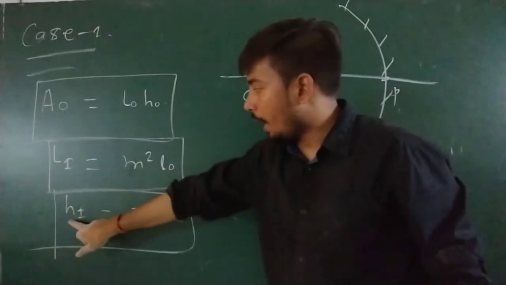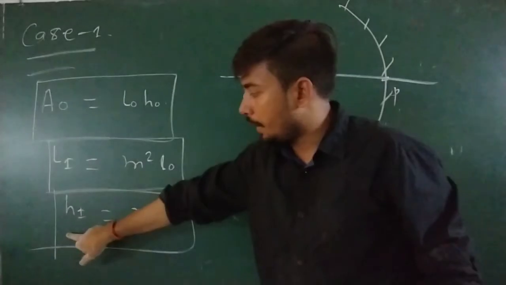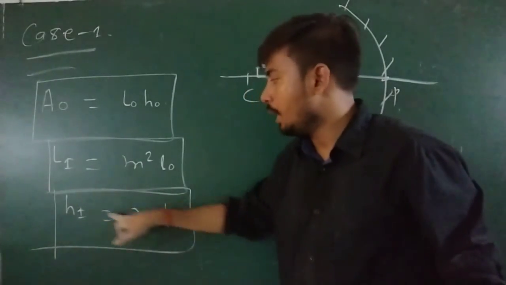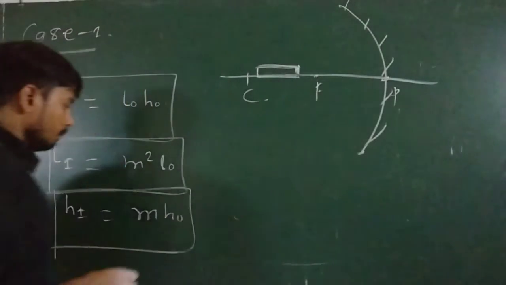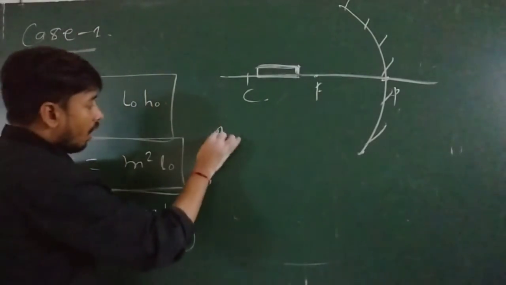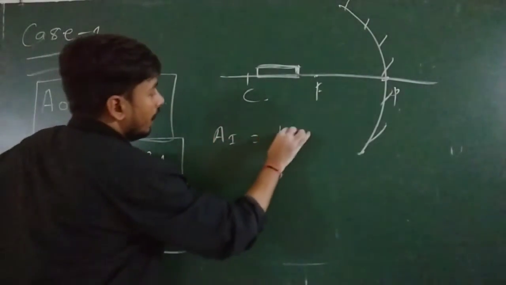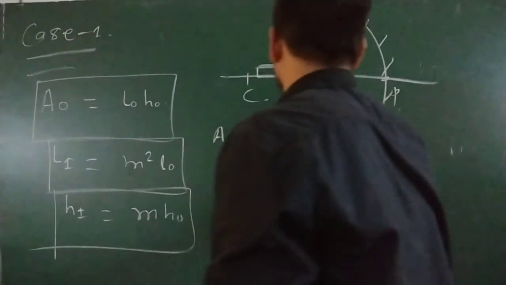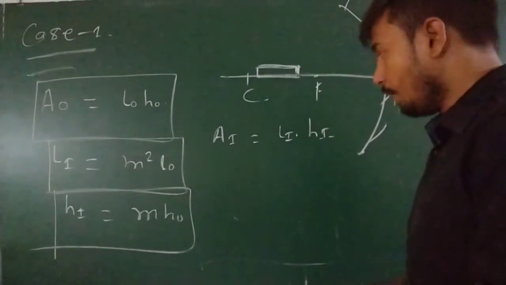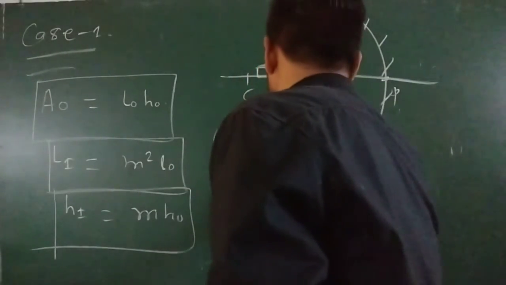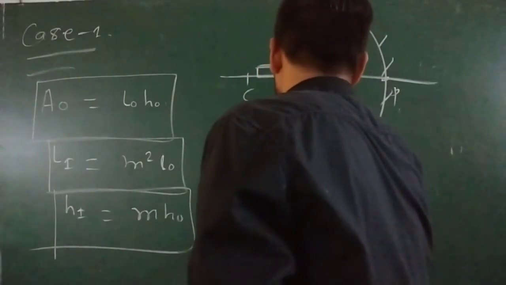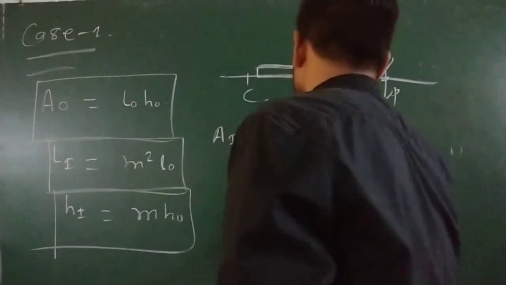Similarly here, height of image divided by height of object is equal to m. So height of image is equal to m times height of object. Now see, area of image is equal to length of image into height of image. Putting in the values, m square L naught into m into h naught.